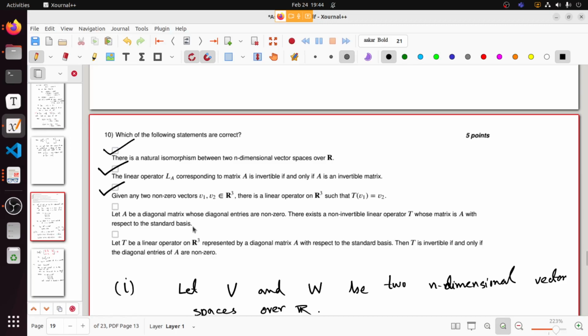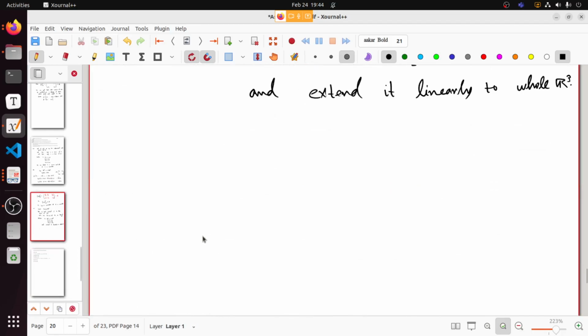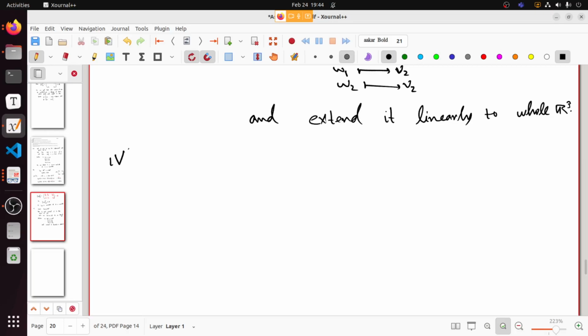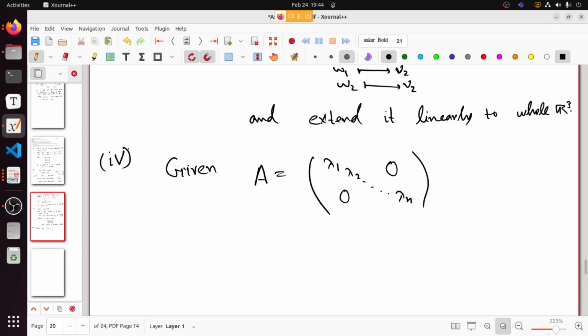So A is a diagonal matrix with all entries non-zero. What is given: A is the diagonal matrix with lambda 1, lambda 2, ..., lambda n on the diagonal, all other entries 0, such that all the lambdas are non-zero, right?